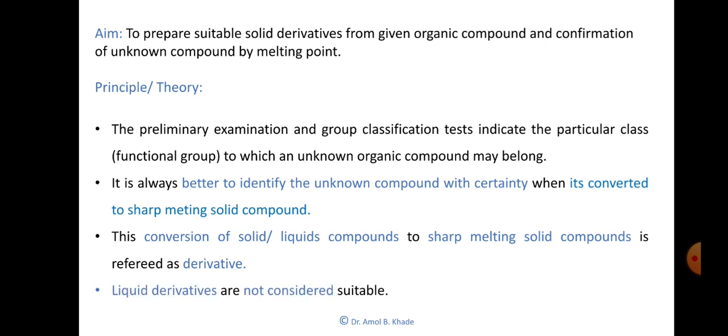Liquid derivatives are usually not considered suitable because they will not give a sharp boiling point, so we are not able to identify with certainty that the given compound is so and so. So we can convert the liquid compound into a suitable solid derivative which will have a very sharp melting point. That is the idea behind forming a derivative of your solid or liquid compound to identify the unknown compound.